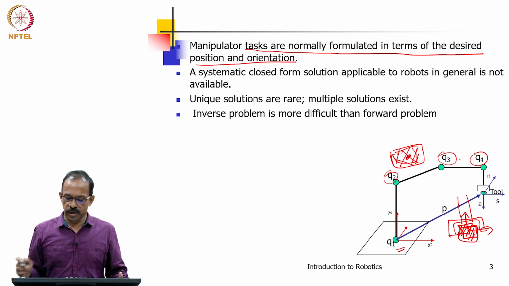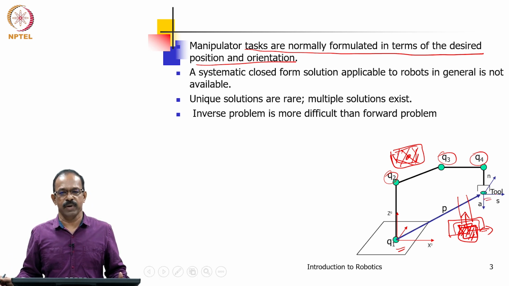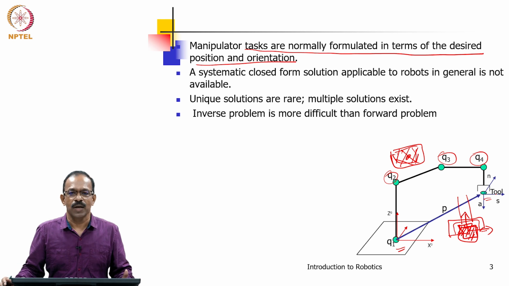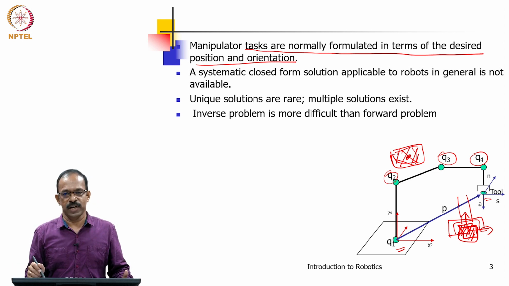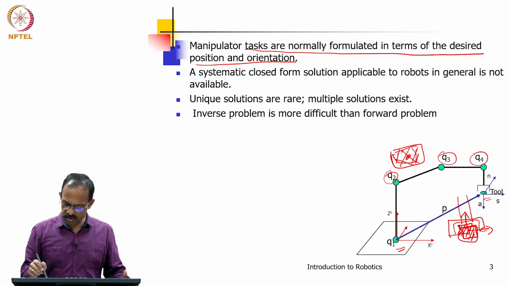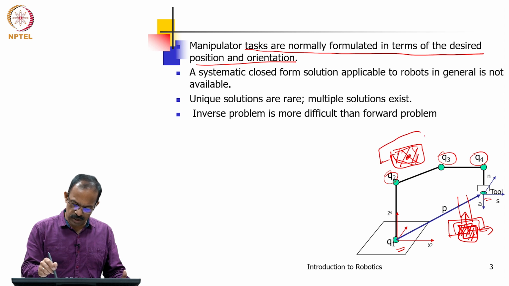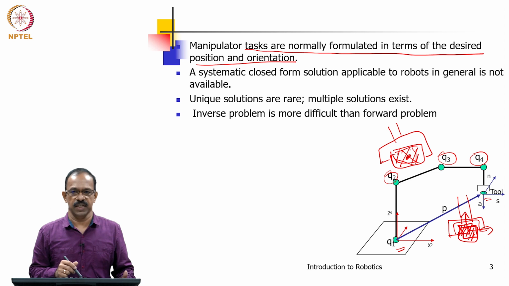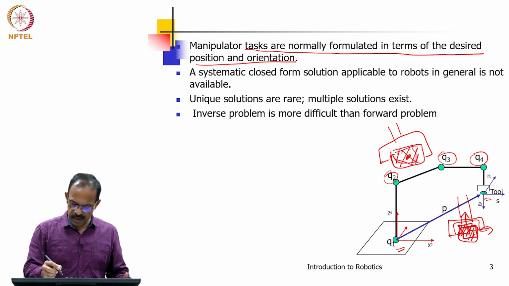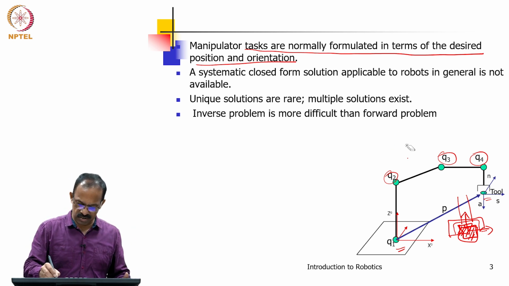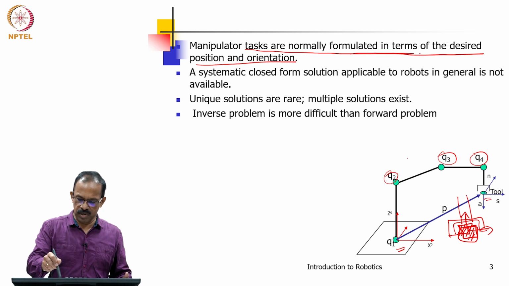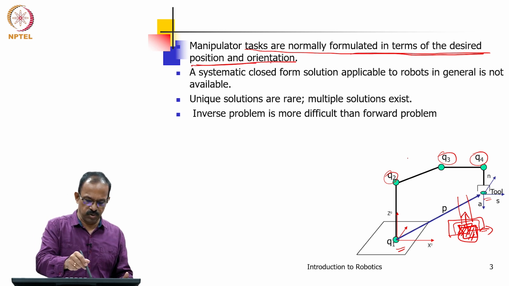Knowing the joint angles and finding where the tool will reach, forward kinematics is useful, but not in practical scenarios like this. Here we are interested to know what the joint angles should be to reach here, and similarly what the joint angles should be for the tool tip to reach here, to drop the object. That is the requirement in practical applications.